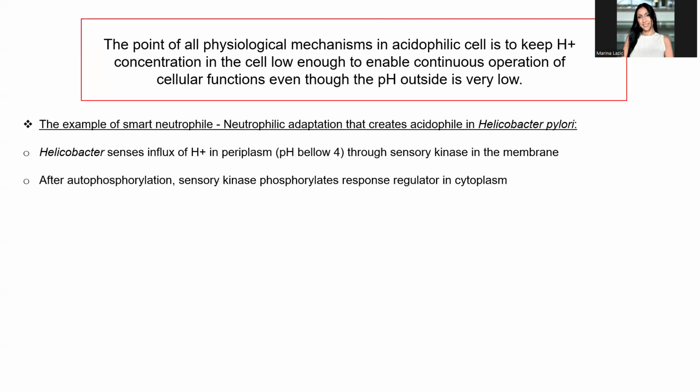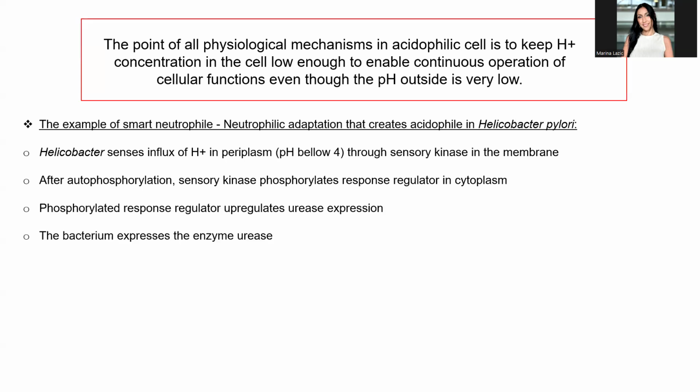And then that causes phosphorylation of the response regulator in the cytoplasm. And that phosphorylated response regulator will go all the way downstream to upregulate, increasing transcription of genes that code for the enzyme urease.